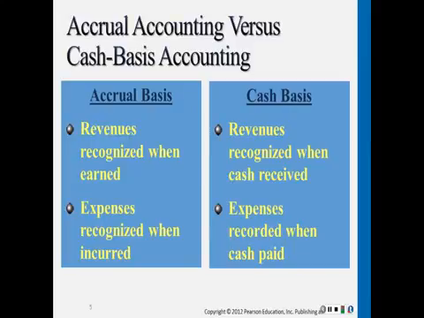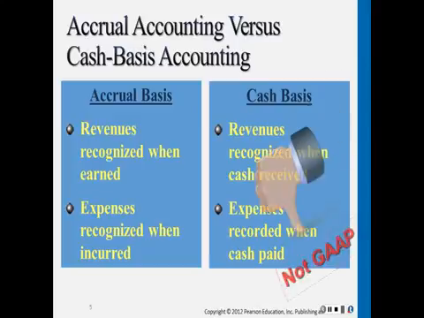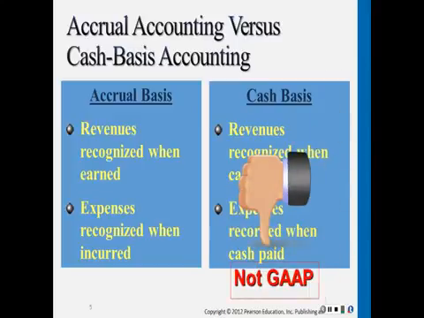It ignores receivables, payables, and depreciation. Only very small businesses use the cash basis accounting. Keep in mind that the accrual basis is the preferred way to do accounting, and it is required by GAAP.